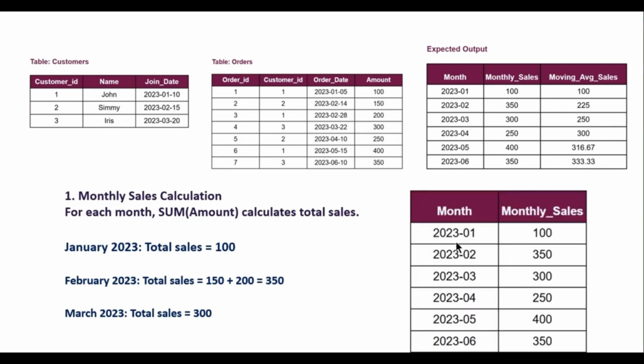January has monthly sales 100. For February, it has 350. For March, it has 300. For April, it is going to be 250. For May, it is going to be 400. And for June, it is going to be 350, because we don't have more rows to calculate the sum.